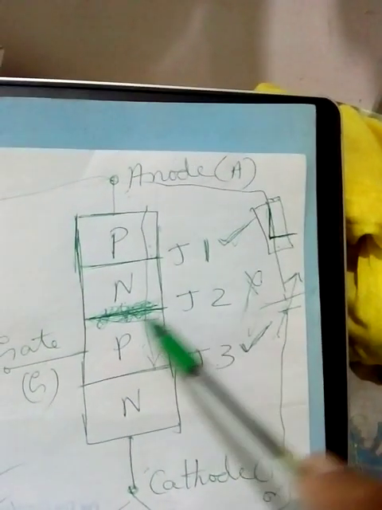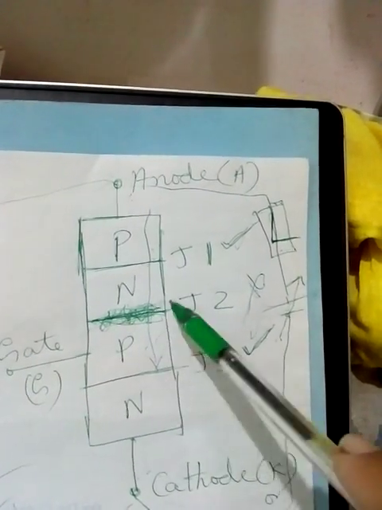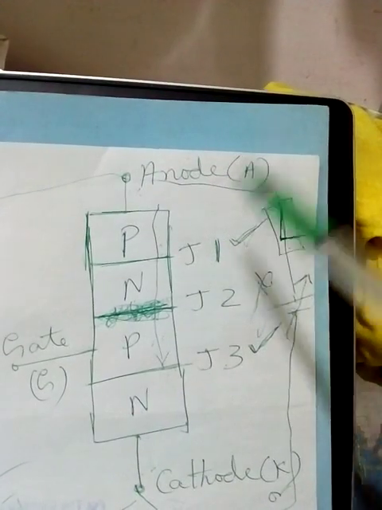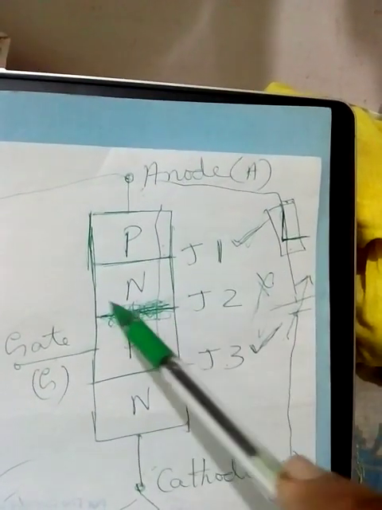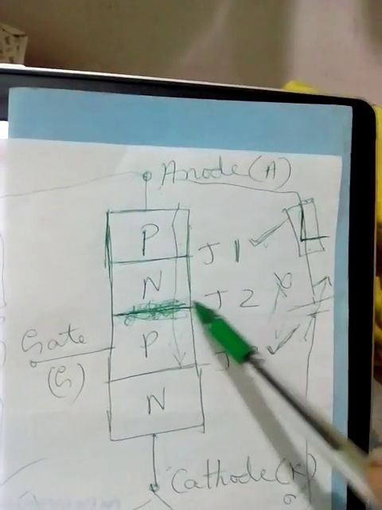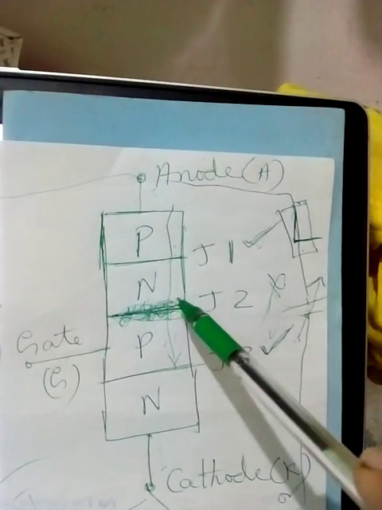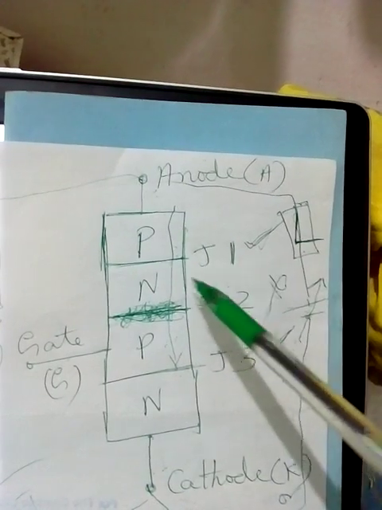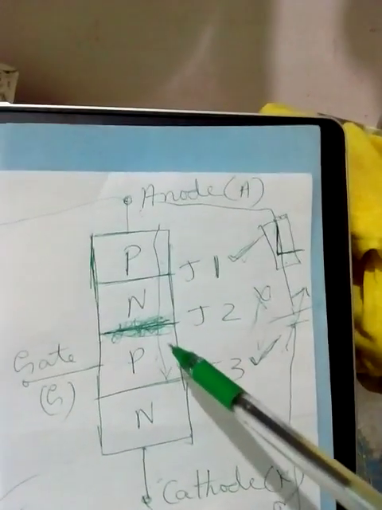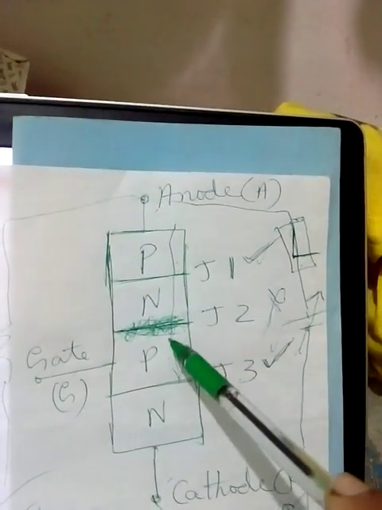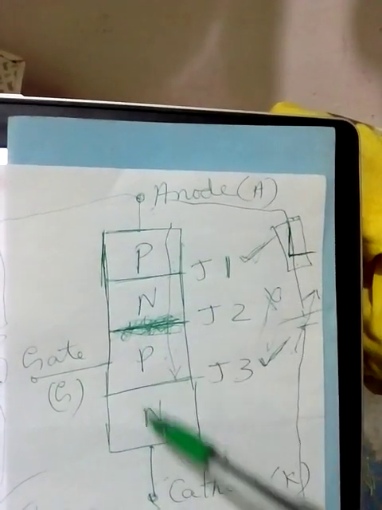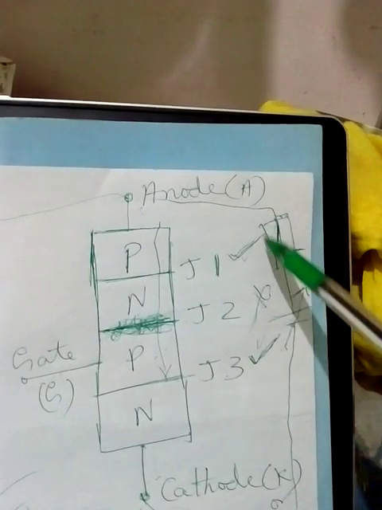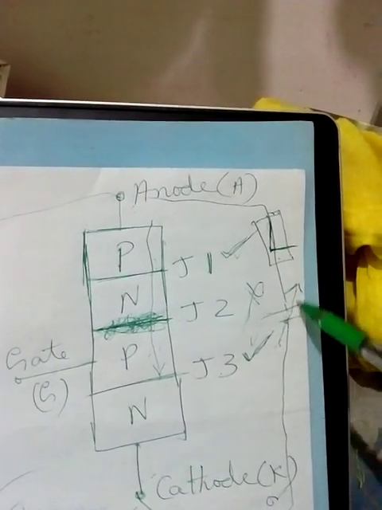When this breaks down, the resistance of this junction becomes less than 1 ohm, because it becomes a conductor. Initially it was like an insulator, blocking the voltage and flow of current. So now when this conducts, current will increase, hence load will be taking this voltage.